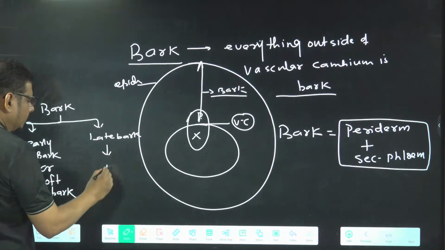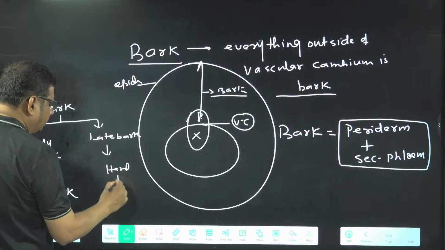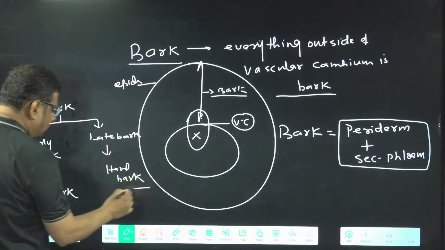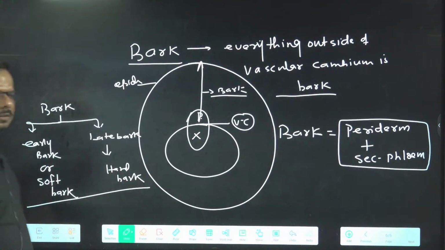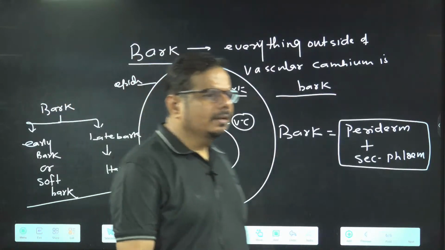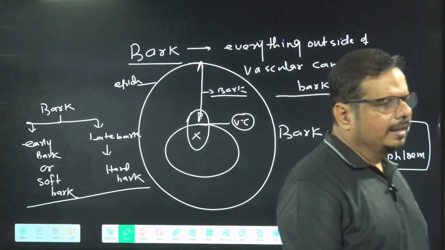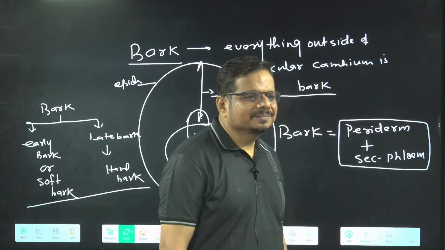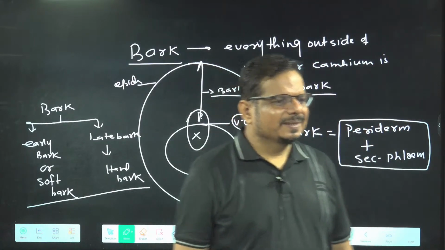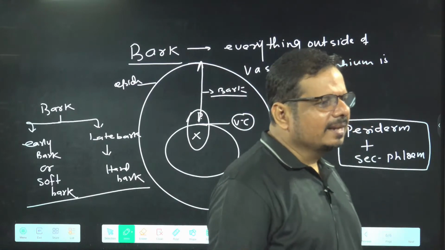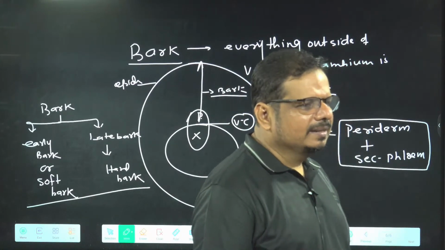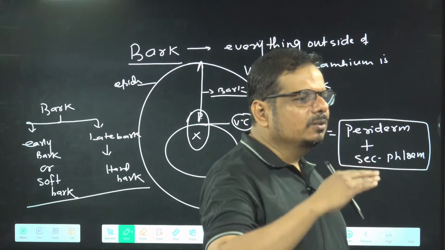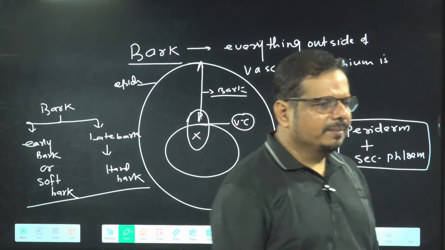And late bark is which one? Hard bark. Got the idea? So bark is also over. Done? So what is a stele? What is bark? You make a mistake. A stele is everything inside of the endodermis. Bark is everything outside of the vascular cambium.